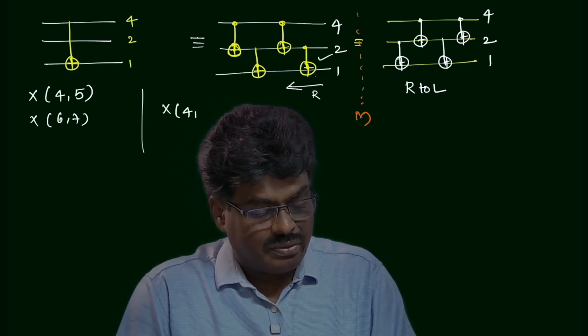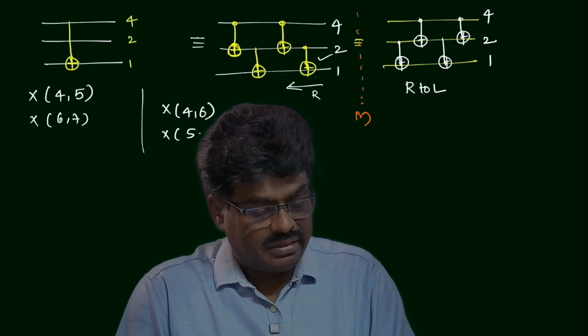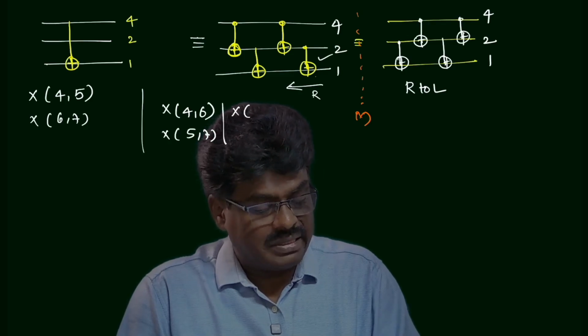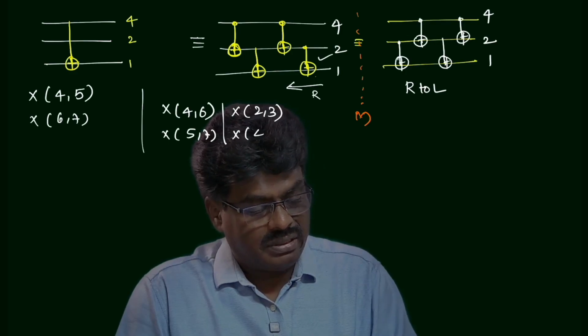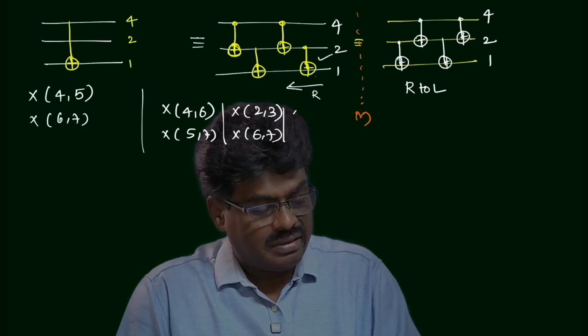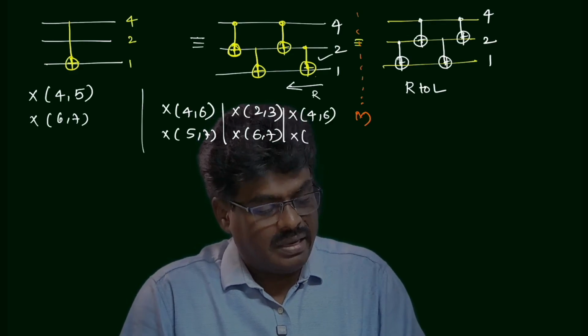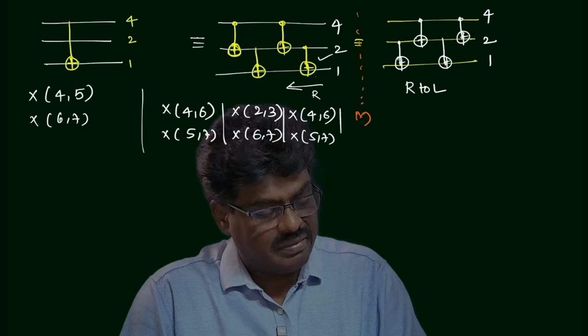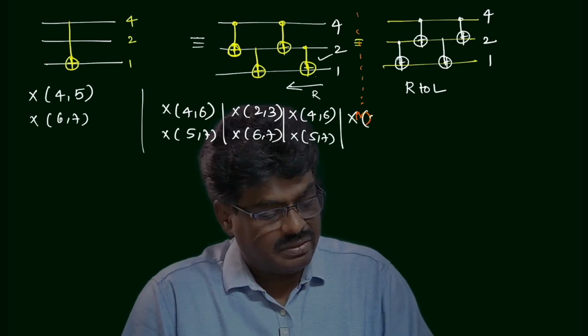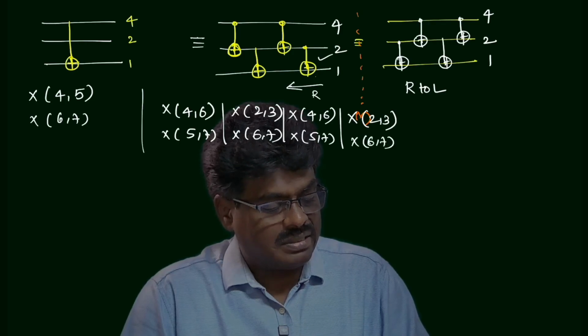X 4 comma 6, x 5 comma 7, next x 2 comma 3, add 4, this is 6 comma 7, next again x 4 comma 6, and x 5 comma 7, and x 2 comma 3, and x 6 comma 7, same repeated.